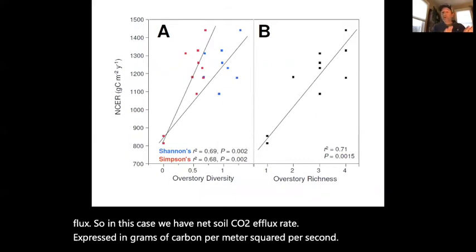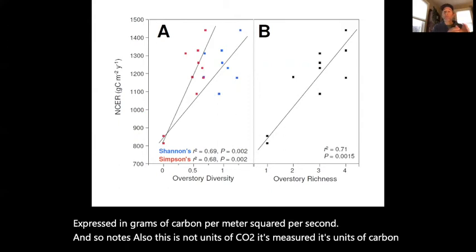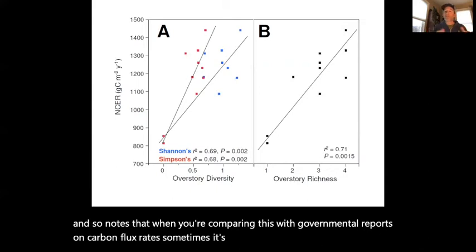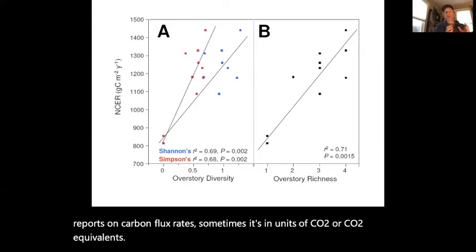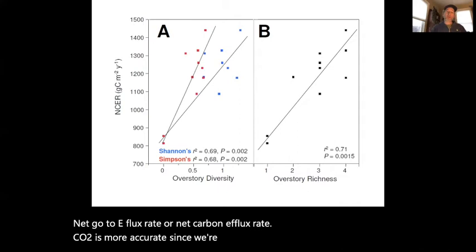So note also, this is not units of CO2, it's units of carbon. And note that when you're comparing this with governmental reports on carbon flux rates, sometimes it's in units of CO2 or CO2 equivalents. Here we have net CO2 efflux rate, or net carbon efflux rate. CO2 is more accurate since we're not measuring other sources of carbon.